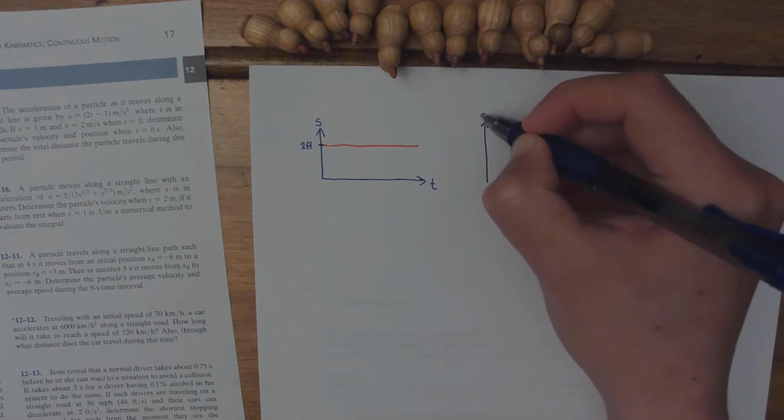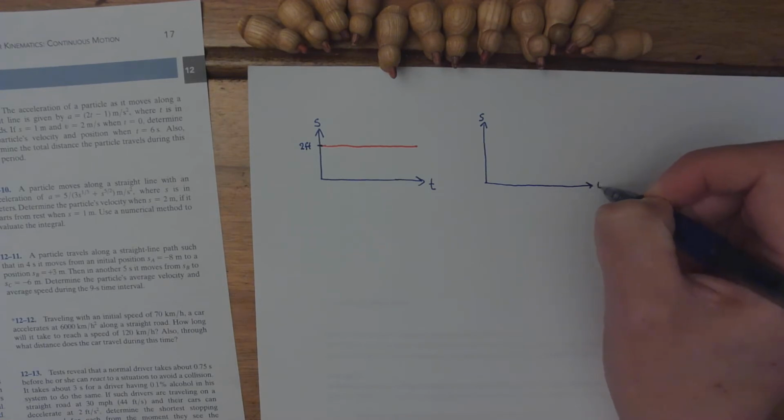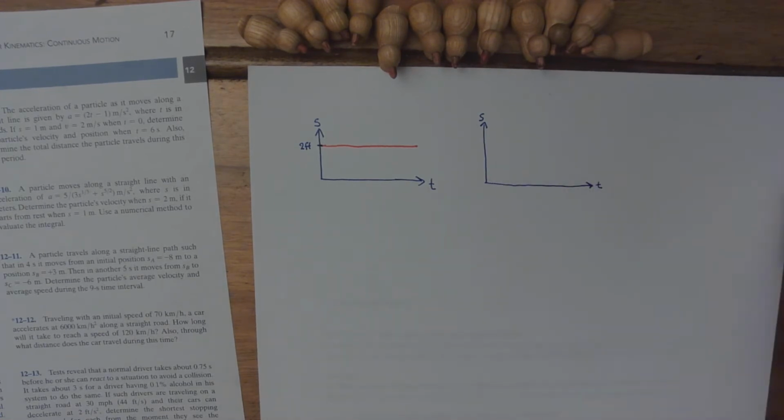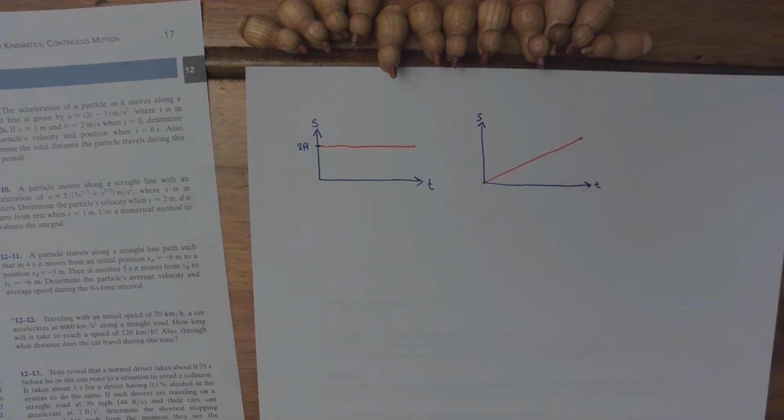You could have a linear and not flat position versus time graph, and let's just say something like this. And so we have a position which is becoming more and more positive as time goes on.